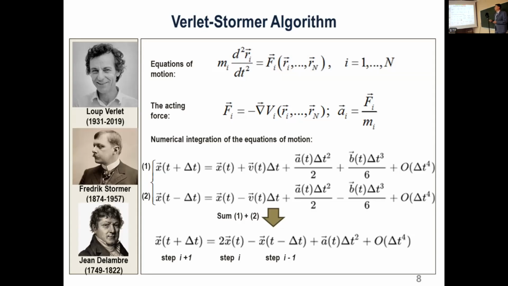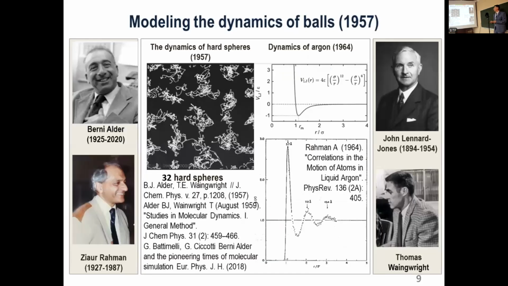This algorithm was developed by Verlet and Stormer, and according to the history that is now known, the same algorithm was first used by Delambre for the calculation of trajectories of planets. It was much before Verlet and Stormer.